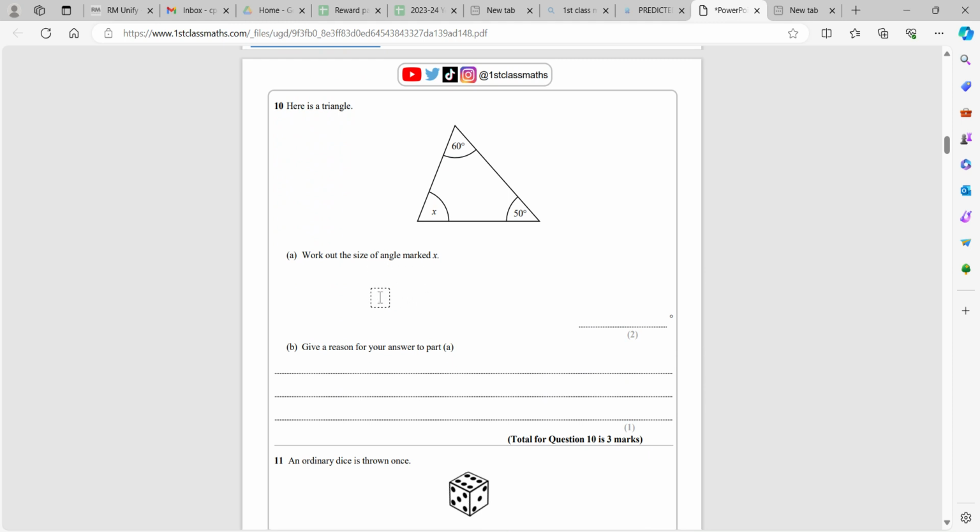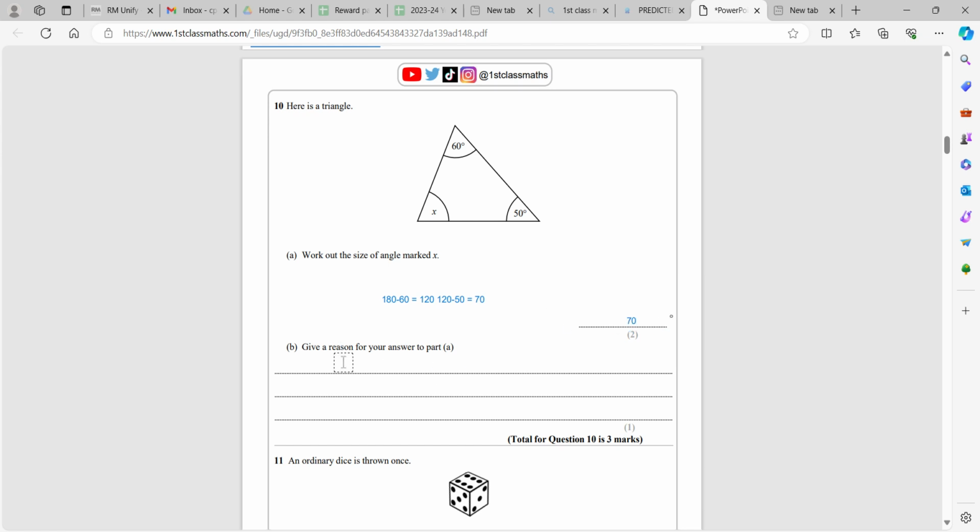Work out the size of angle marked X. So what I would start by doing on this one is just make sure 180 is seen. 180 take away 60 is 120. 120 take away 50 equals 70. So your answer is 70.